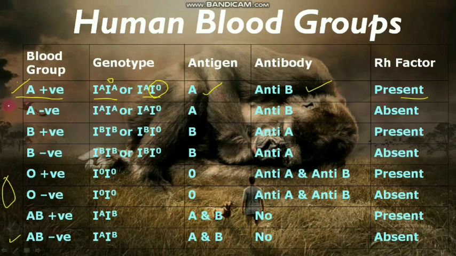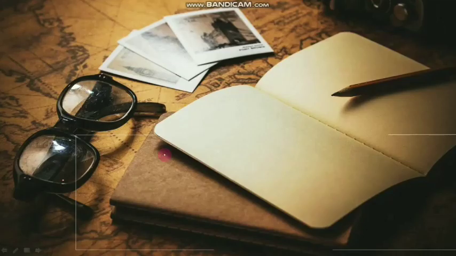I'm just taking one example only. The remaining you can take from the table by pausing the video. If you pause the video, observe the table and study the differences between different blood group individuals, just note down the differences that are observable.